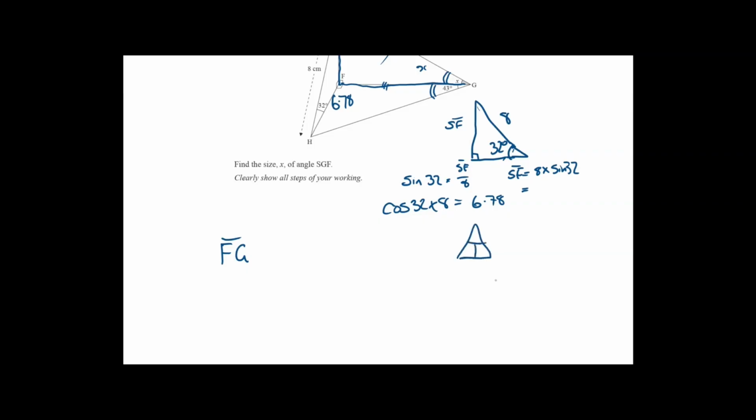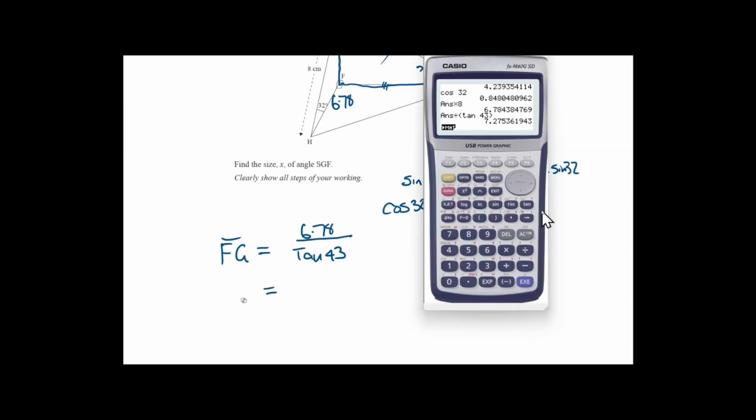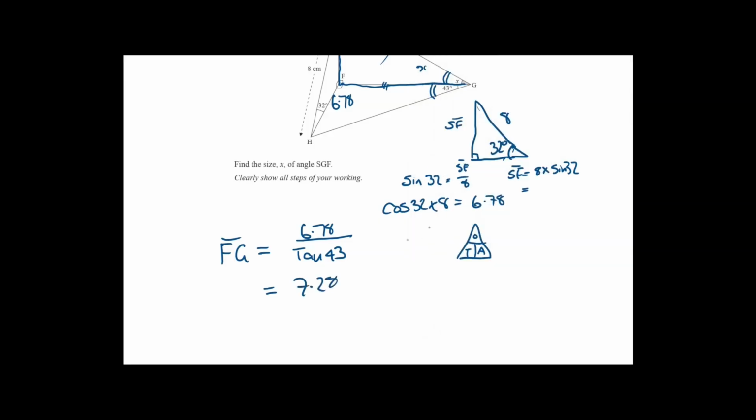Remember, tan is opposite over adjacent. We've got the opposite side and we're looking for the adjacent side. So it's going to be the opposite side divided by tan of 43. The opposite side, 6.78, which we just worked out, divided by tan of 43. And that number is 7.28. So this side here is 7.28.